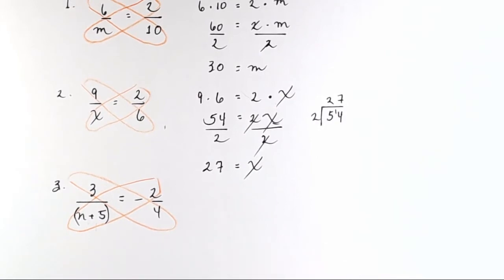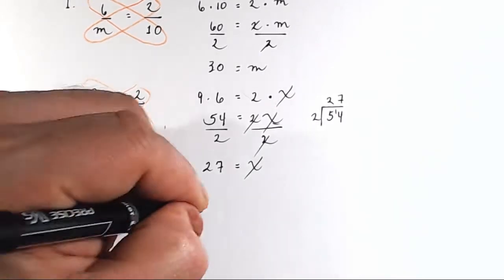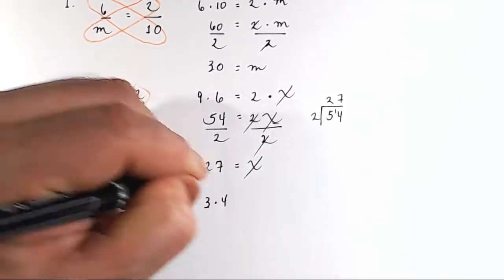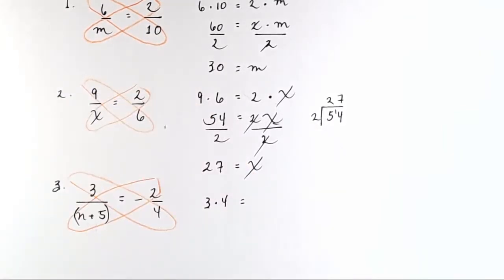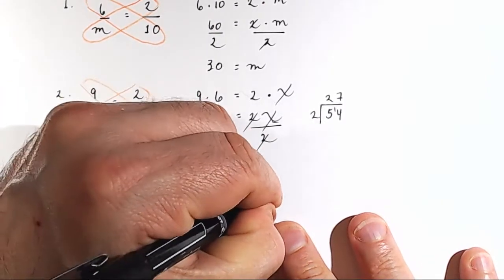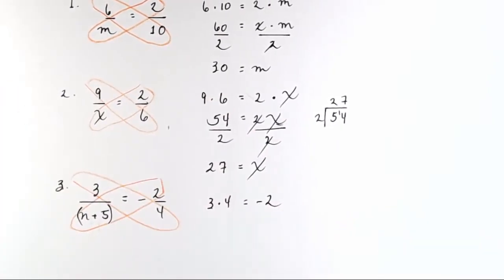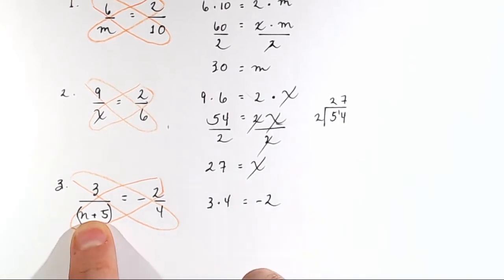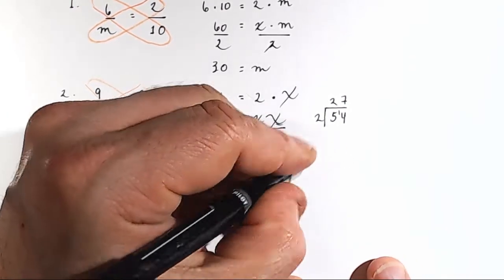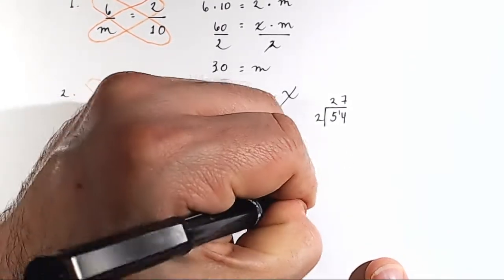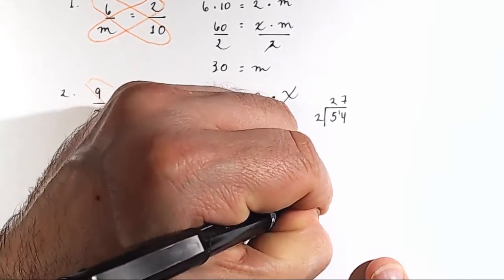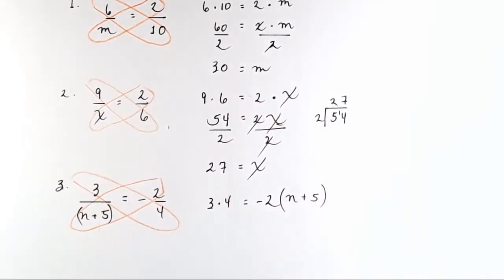Okay, so now let's multiply. 3 times 4. So we write 3 times 4. What does that equal? This is important. I'm going to slow down a little bit. Negative 2. And then we're going to use this parenthesis notation. Open parenthesis, n plus 5, close parenthesis.